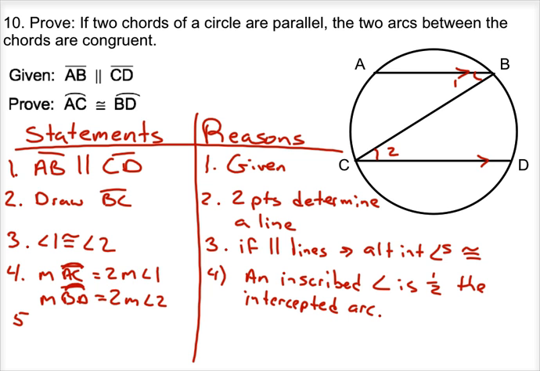And now I can by the transitive property or by a couple substitutions get that the measure of arc AC equals the measure of arc BD, and it's really the transitive property a couple of times.